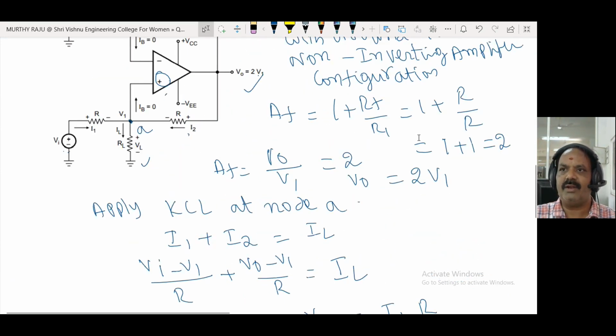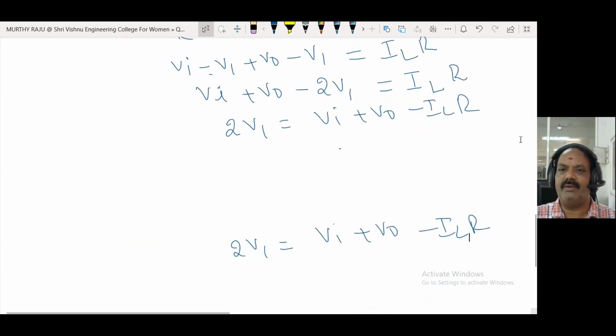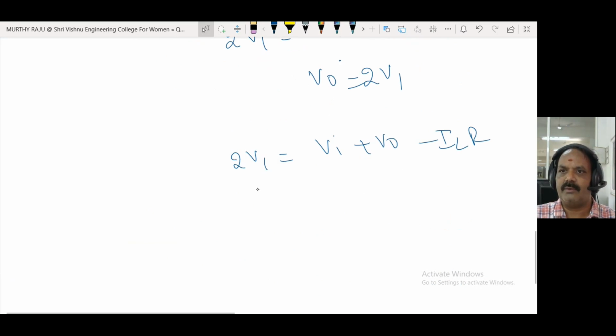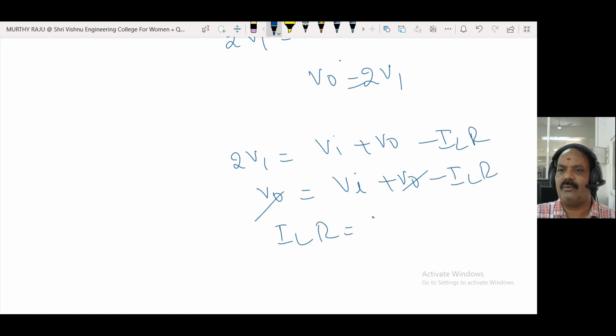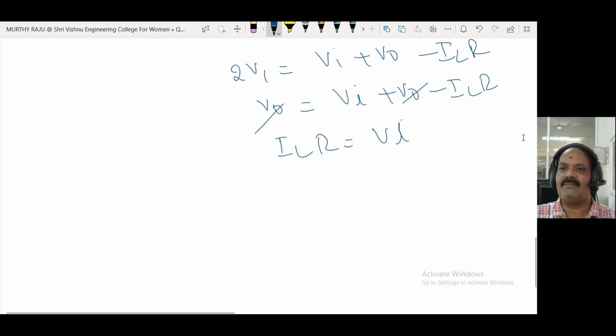But V0 is equal to 2V1. Substitute V0 here. V0 is equal to VI plus V0 minus IL into R. Therefore, IL into R is equal to VI. The load current IL is equal to VI by R. Therefore, IL is directly proportional to VI.